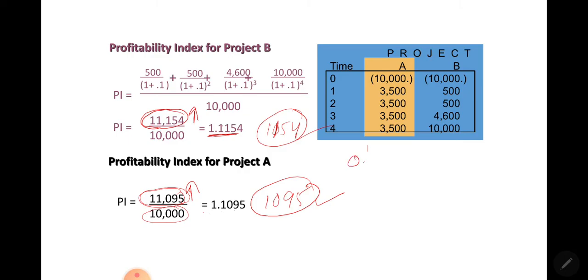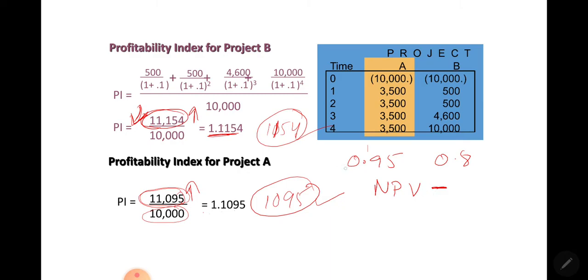अगर answer let's say 0.95 या 0.8 इस तरीके से आ रहा है, इसका मतलब क्या होगा? NPV negative में है, because that would imply that the present value of inflows is less. And when the present value of inflows are less and the initial investment is more, तो आपका आंसर नेगेटिव में चला जाएगा.